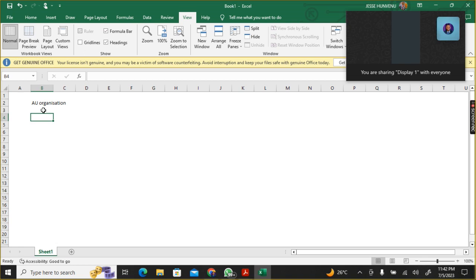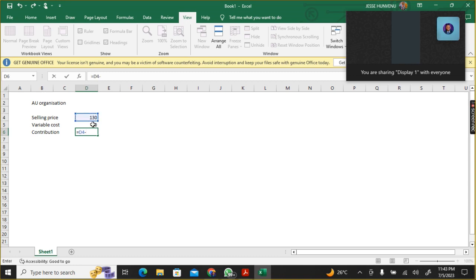The selling price here is 130 naira, and our total variable cost is 50 naira. So our contribution is equal to selling price minus variable cost. So this is our contribution.